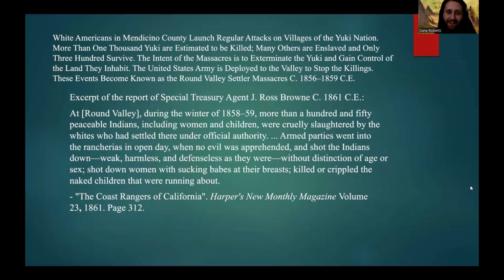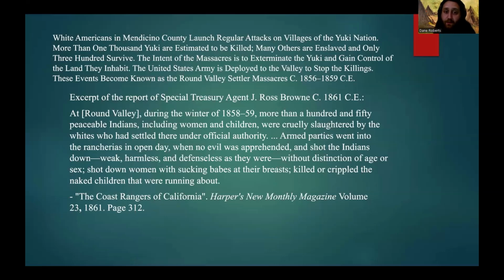And then between 1856 and 1859 CE, white Americans in Mendocino County would launch regular attacks on the villages of the Yuki Nation. More than 1,000 Yuki are estimated to have been killed. Many others were enslaved, and only 300 are thought to have survived.